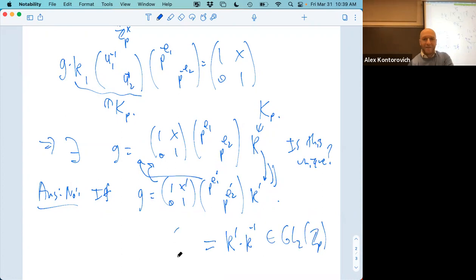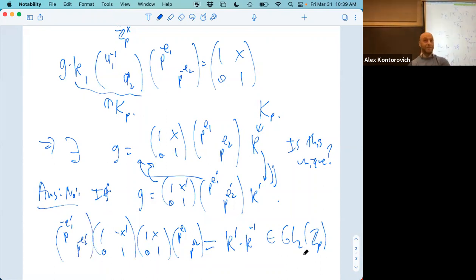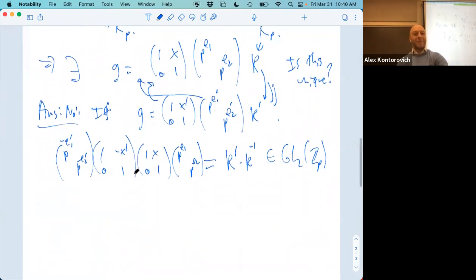On the other hand, I have P to the E1, P to the E2, 1 x 0 1, 1 negative x prime 0 1, and P to the minus E1 prime, P to the minus E2 prime. So you can conjugate that. I'm getting a conjugate of this thing, has to not have any denominators, has to be in Z_p, no negative powers of P.